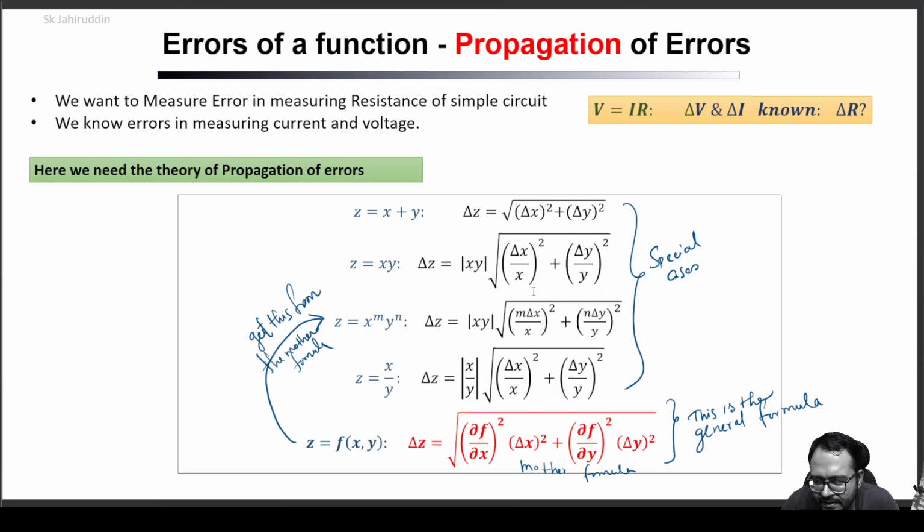At first look, the formulas don't match what you usually know. Your previous knowledge may tell you that if z is x to the power m and y to the power n, then delta z by z will be m delta x by x plus n delta y by y. This may not match. You know this, right?